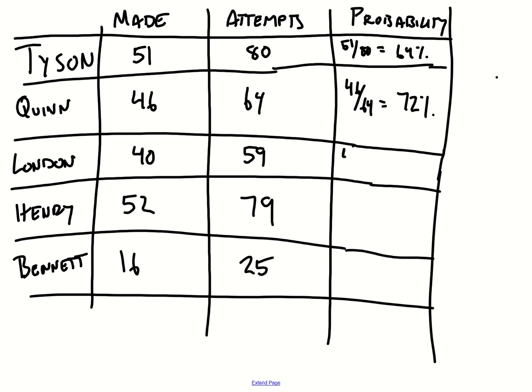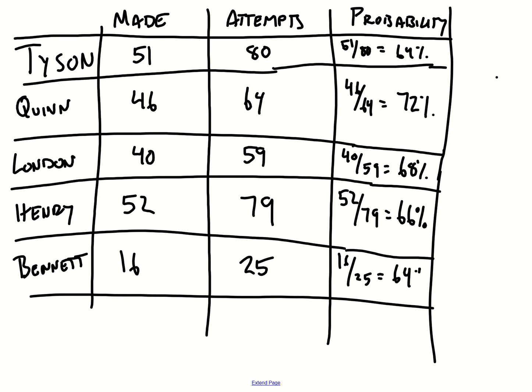London makes 40 out of 59, which is about 68% of his free throws. Henry makes 52 out of 79, which is about 66%. Bennett makes 16 out of 25, which is about 64%.